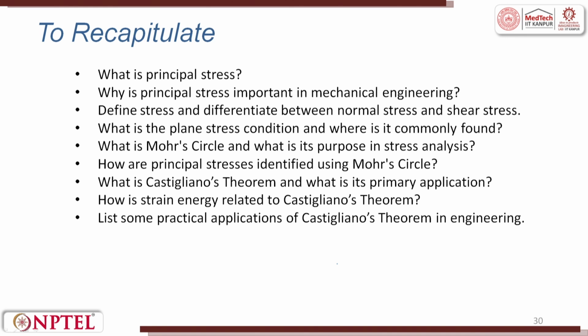What is Mohr circle? What is its purpose in stress analysis? How are principal stresses identified using Mohr circle? What is Castigliano theorem and what is its primary application? How is strain energy related to the theorem? List some practical applications of this theorem in engineering.